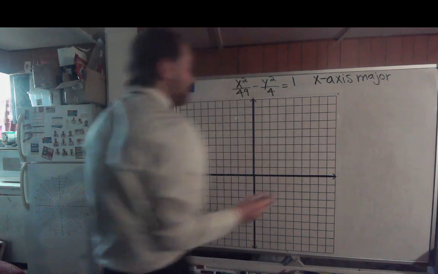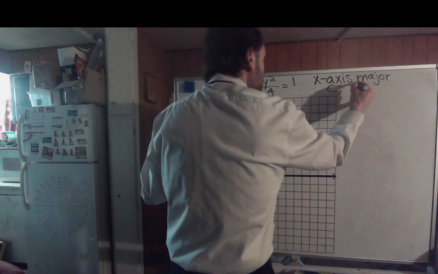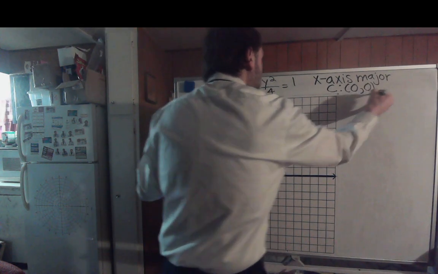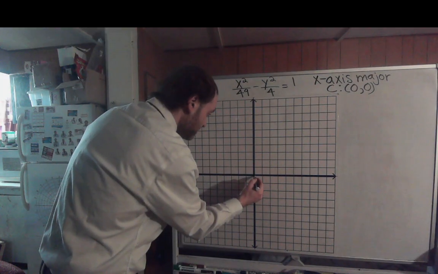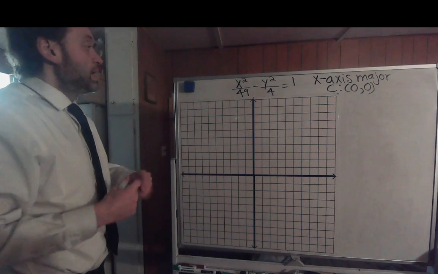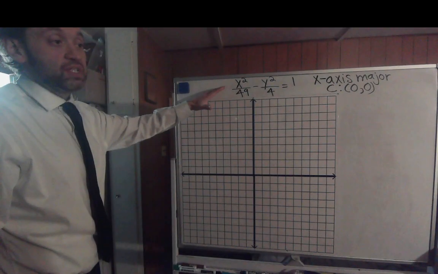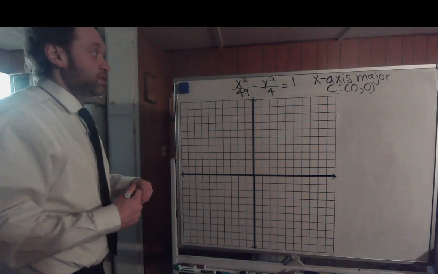Alright, so let's establish what the center is. That's 0, 0, so that was easy. So let's plot our center at 0, 0. Now, let's go ahead and figure out our asymptotes next. That might make our life easier.